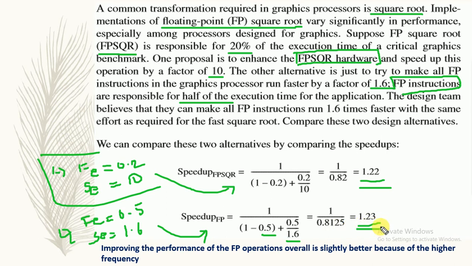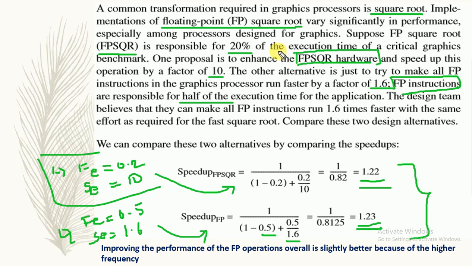So what is the result of these two? We are getting very nearly the same values, 1.22 and 1.23. Improving the performance of the FP operations overall is slightly better because of the higher frequency. So there are two design aspects. When a designer tries to design a new system, one alternative is improving the FP square root hardware. Second, he is thinking of adding some enhancement to all the FP instructions. How can we assess which one will be better?